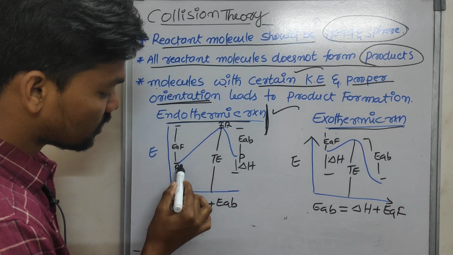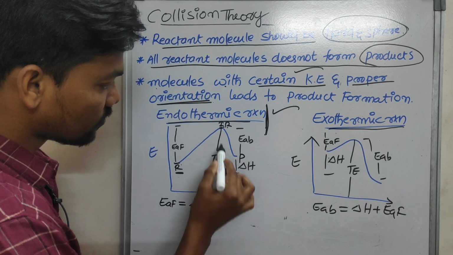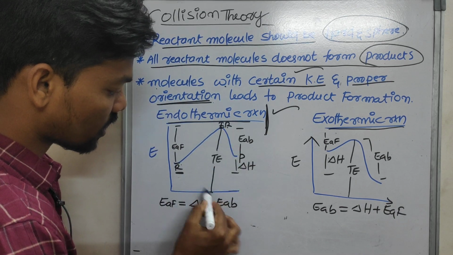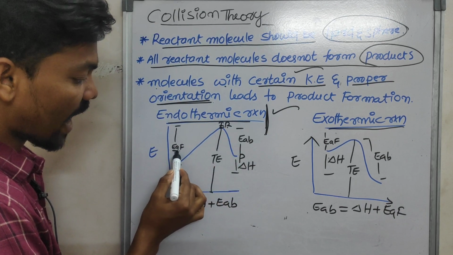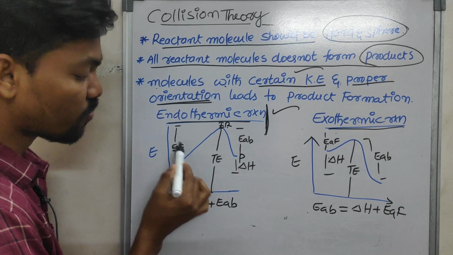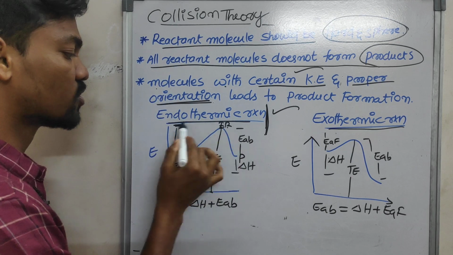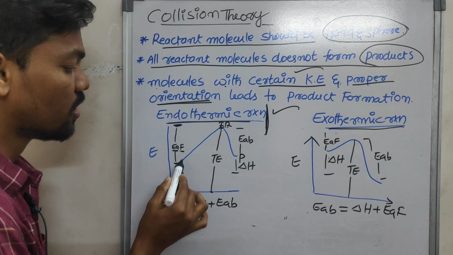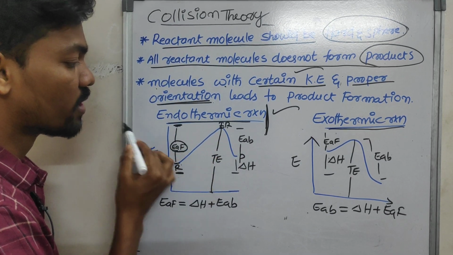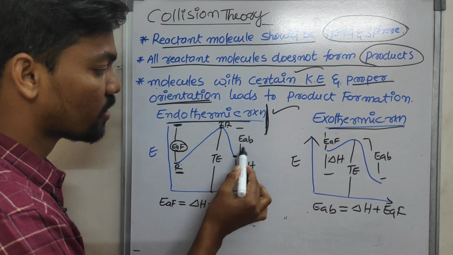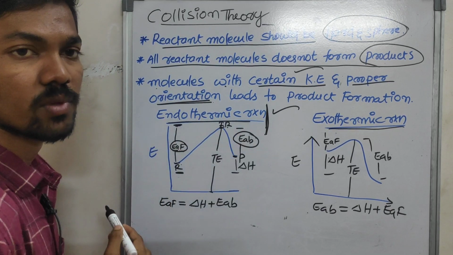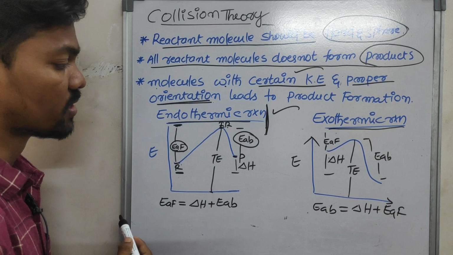From here to the highest point is the activation energy for the forward reaction, EAF. From the product side up to the highest point is the activation energy of the backward reaction, EAB.